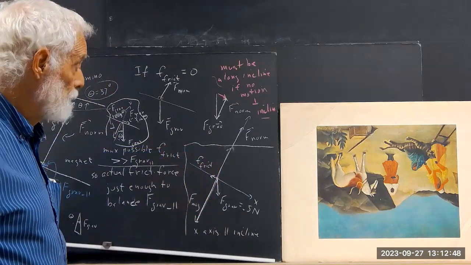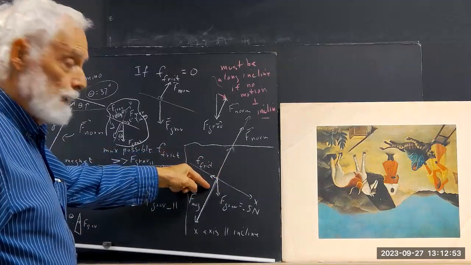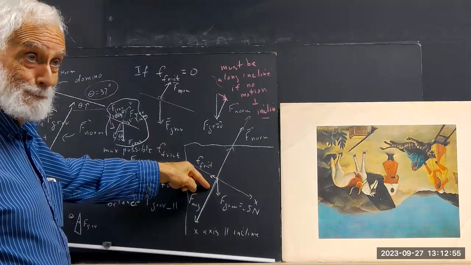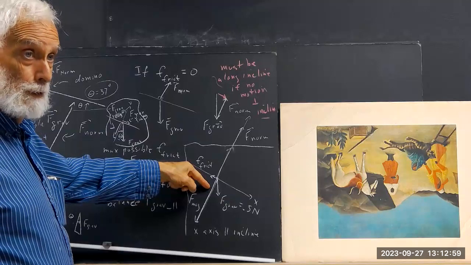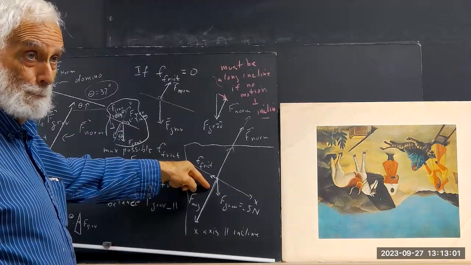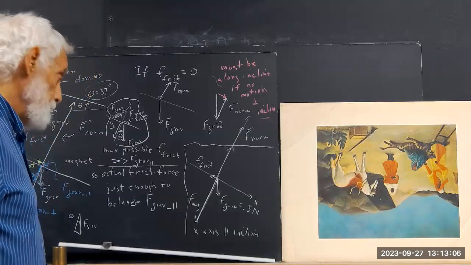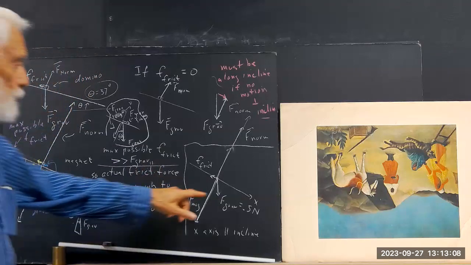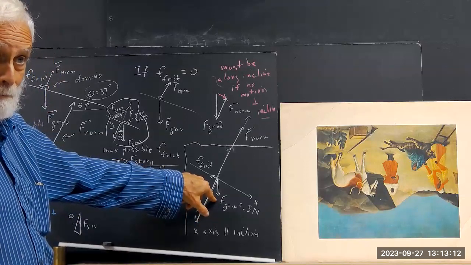So you go to this triangle, or you go to the idea that the angle here is 270 degrees minus theta, and use a sine and cosine of 270 degrees minus 37 degrees, okay? Well, I don't want to belabor that. You can easily find the components of the gravitational force, and that should be the first thing you do.